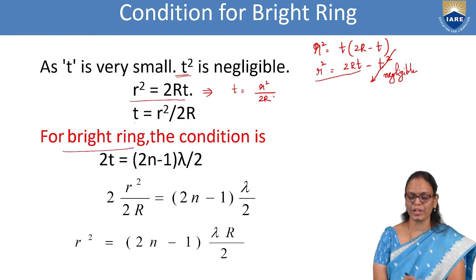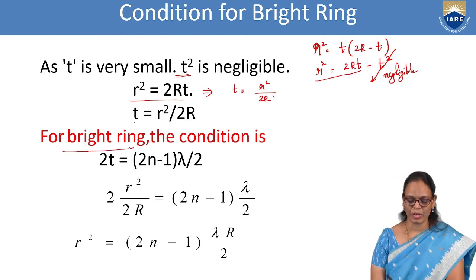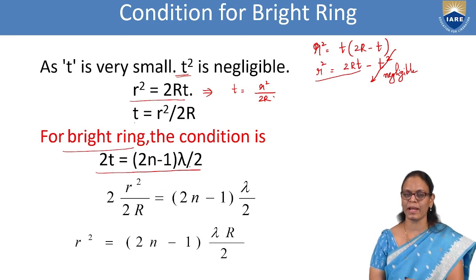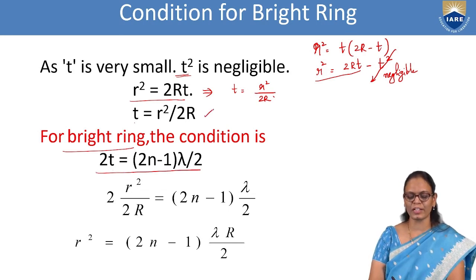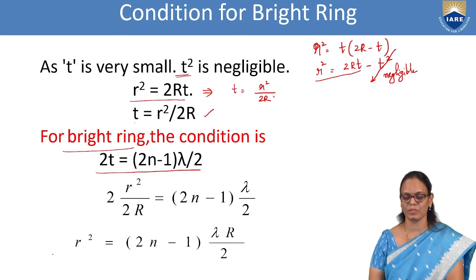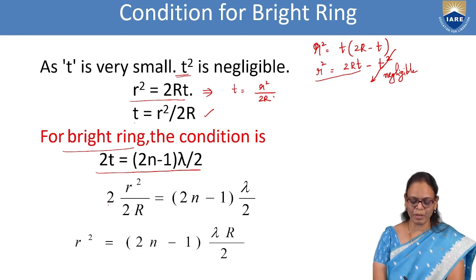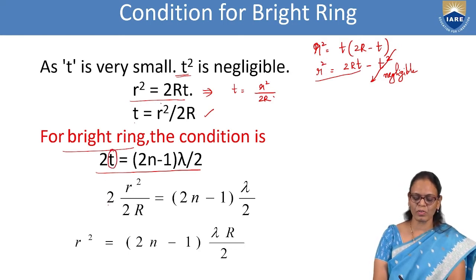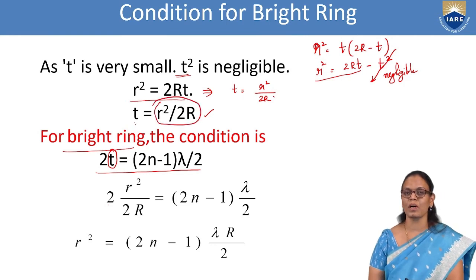Now for the bright fringe, what is the condition? We have already derived 2T is equal to 2n minus 1 into lambda by 2. And now we have got T also. So we are going to substitute. 2 into, in place of T, we put r square upon 2R.